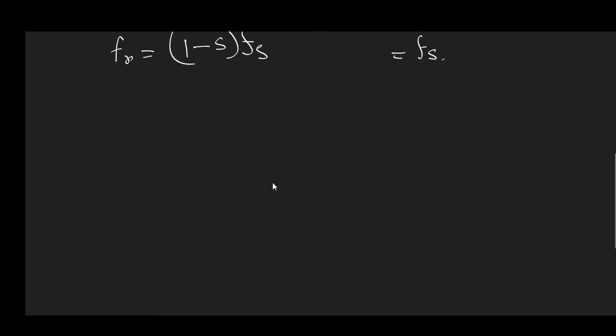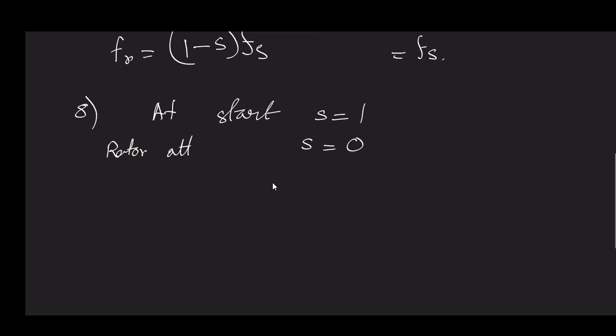Now, point number 8 is that at start slip S is equal to 1, and when the rotor attains synchronous speed, slip is zero.